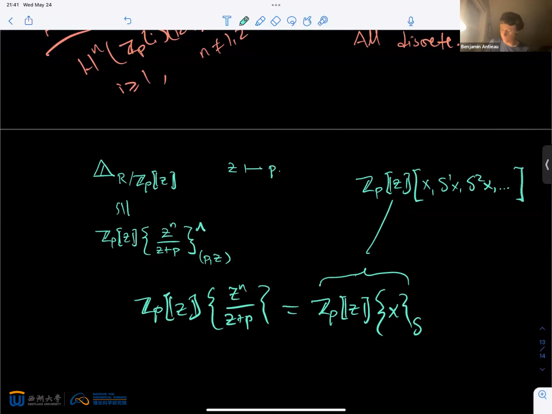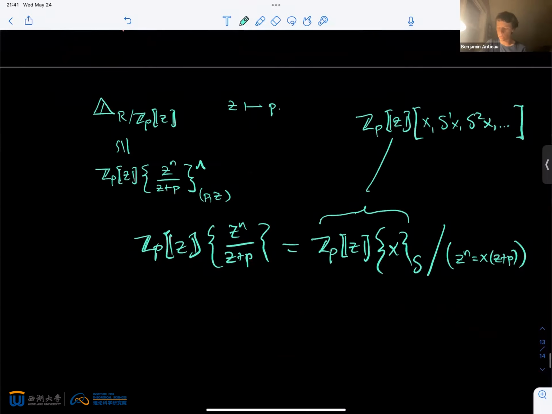So I take this and I mod out by a certain relation: that z to the n should be equal to x times (z plus p). You see, I'm forcing z to the n to be divisible by z plus p. That's what this relation says.